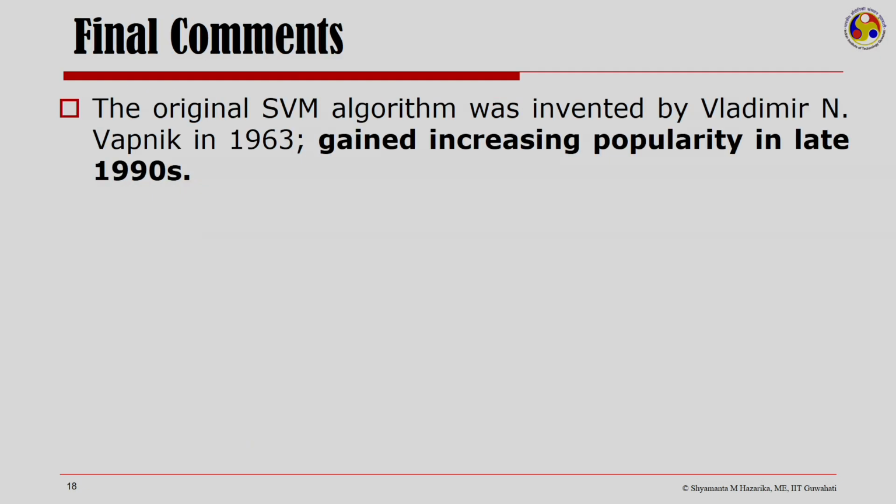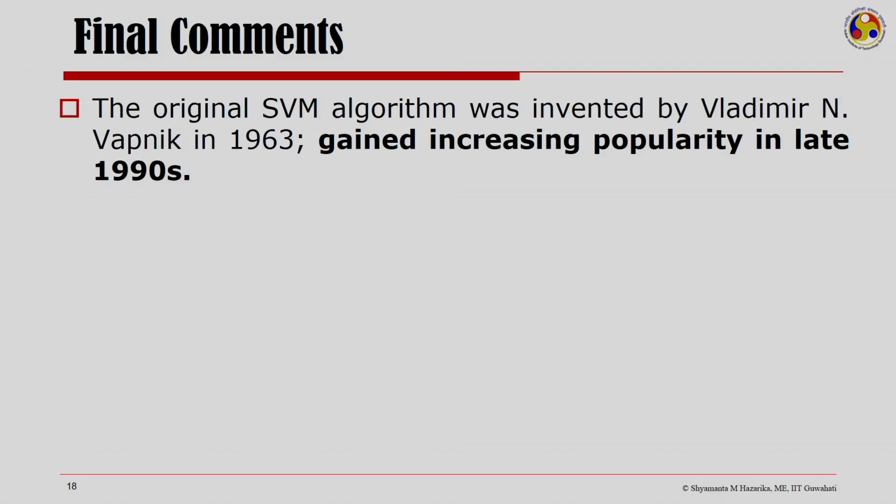Now, finally, to conclude, the original support vector machine algorithm was invented by Vladimir Vapnik in 1963. However, for almost 30 years, nobody had noticed this work until someone in the Bell Laboratories found Vapnik's work, and Vapnik immigrated to the US.